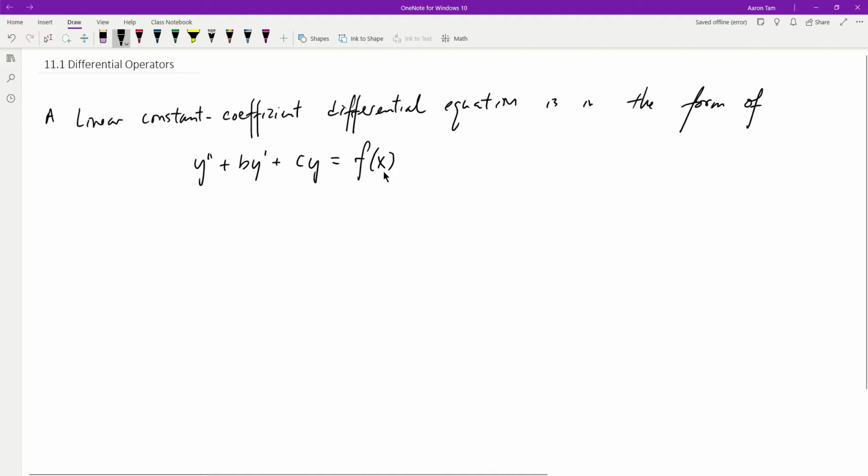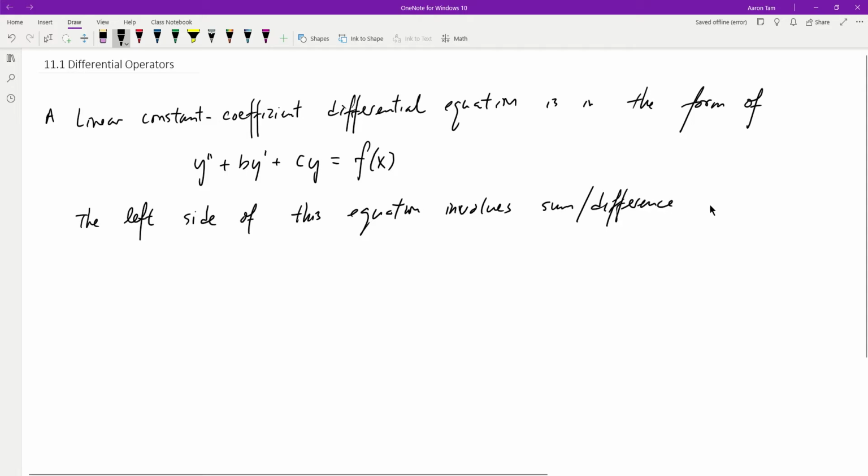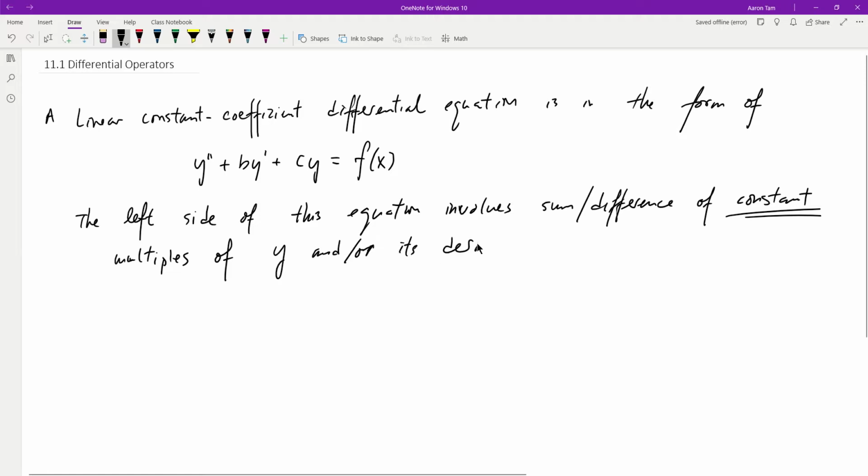So notice the important feature of this equation is that the left side of this equation, well, technically speaking, it could be the left or the right side depending on how you orient your equation, but for this expression I'm referring to the left side, involves a sum or difference, of course, of, here's the important word, constant multiples of y and/or its derivatives.